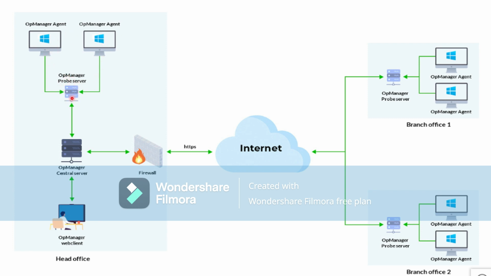Here is the probe server, which means the agents are relaying here and all the probes are encrypted here. This probe server communicates to Ops Manager's central server. So this works as an orchestrator. This is the central server. So all these relays come here, and it correlates all the alerts coming from different directions.